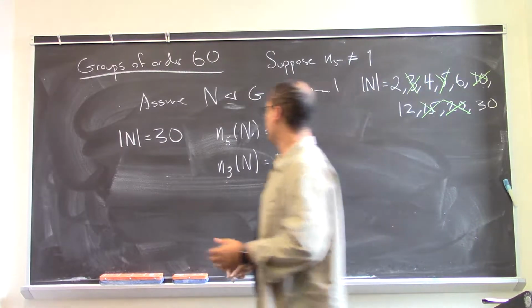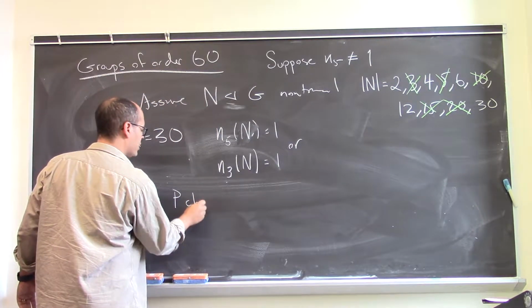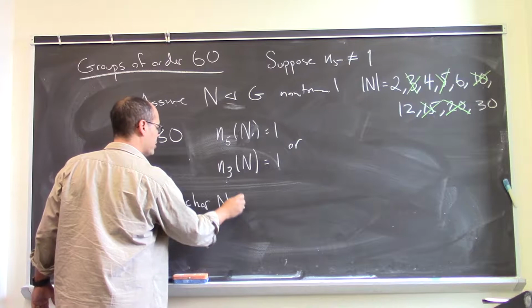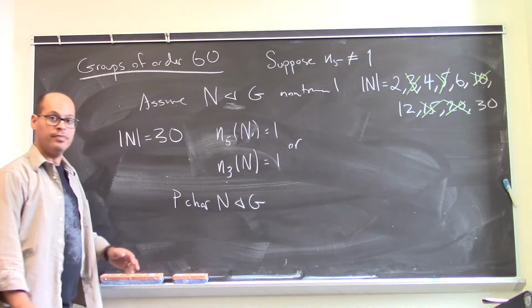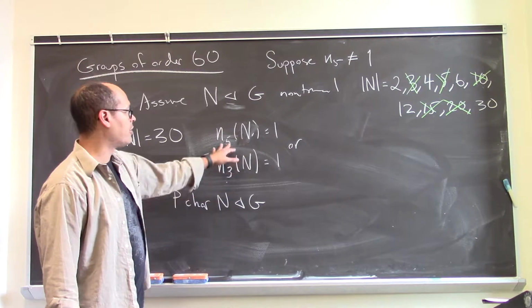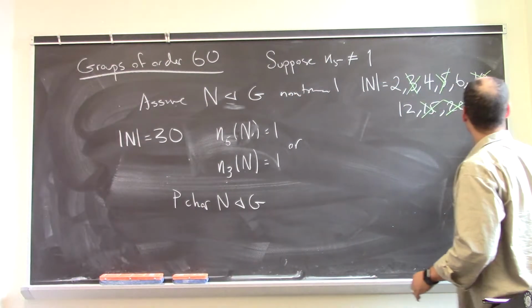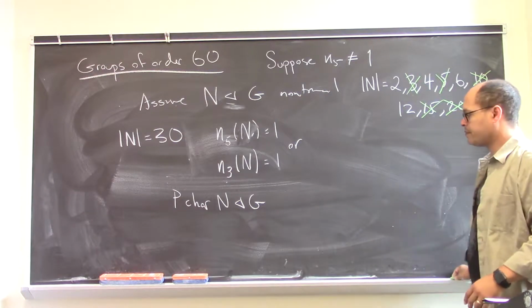But now, in either of those cases, that Sylow subgroup would then be normal in the whole group. And so the group would contain a normal subgroup of order 3 or 5, but we know these can't happen. We've eliminated those already. So that says that 30 is out.